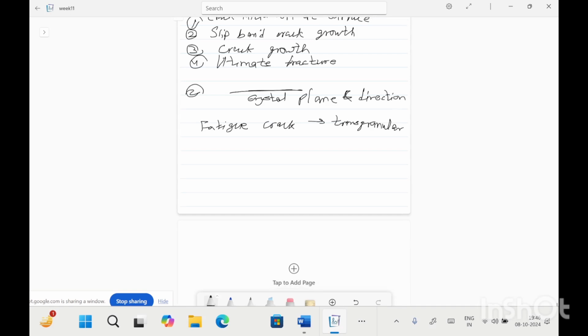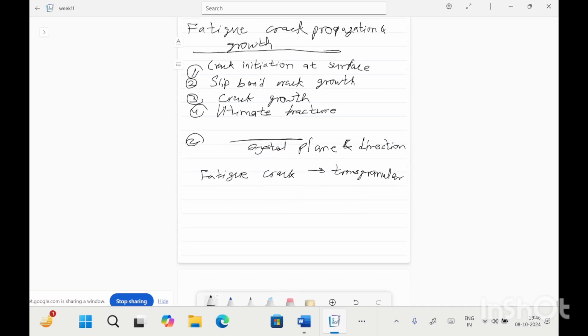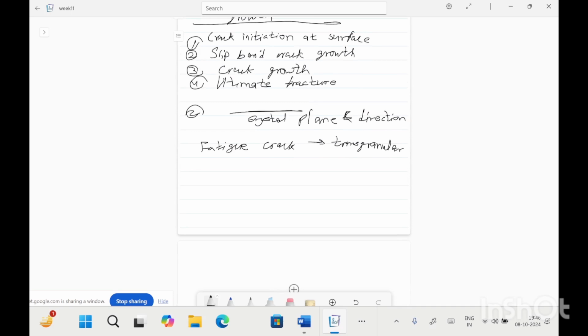The generation of a crack at the surface happens due to the formation of slip band extrusions and intrusions. When slip occurs in a material, at the microscopic level it will show slip bands in this manner because of the shearing of planes.